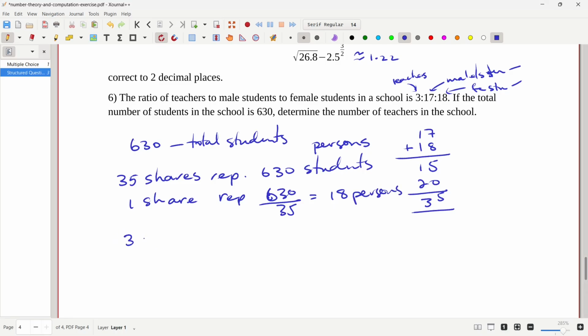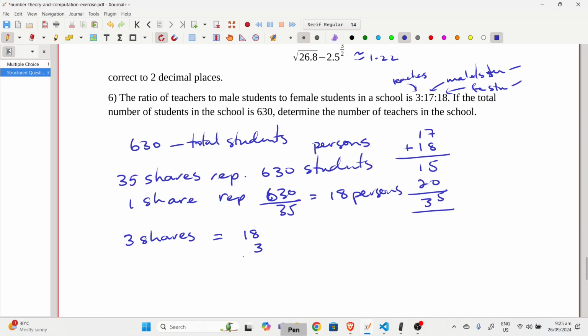I have 3 shares representing teachers. So that means 18 times 3, which is, but yeah, let me do it like this. I prefer this. So 1 by 3 is 3 with a 0 additional, and then 8 3s are 24. So that's 54. So in other words, this school has 54 teachers.